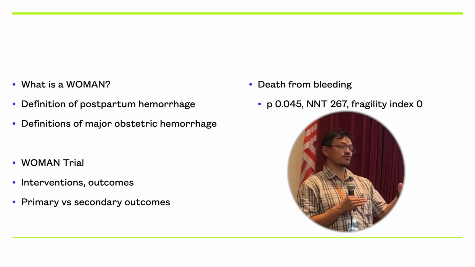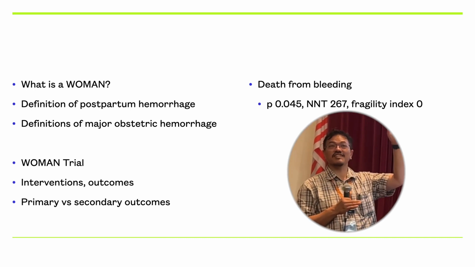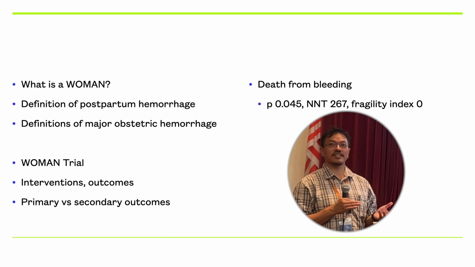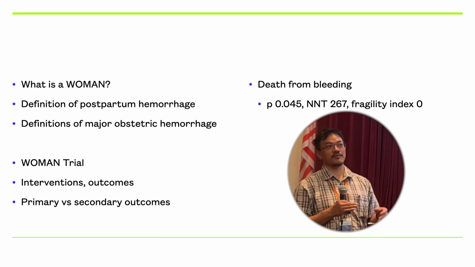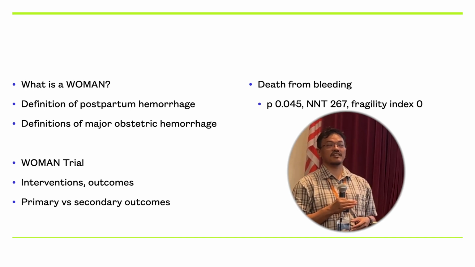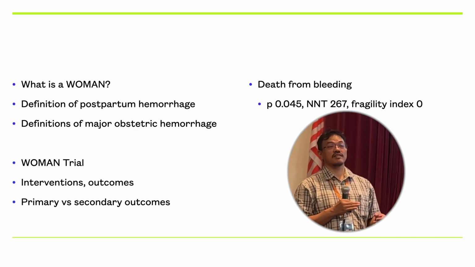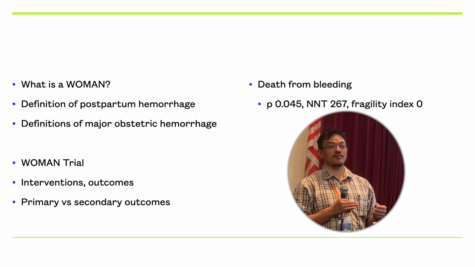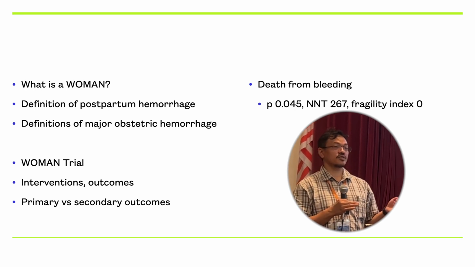So even though this WOMAN trial is very good in terms of statistics, it's not very clinically relevant in the sense that you need 250 women to improve the outcome in your patients. And it has a fragility index of 0, which means that because the primary outcome was already non-significant, it's very easy.